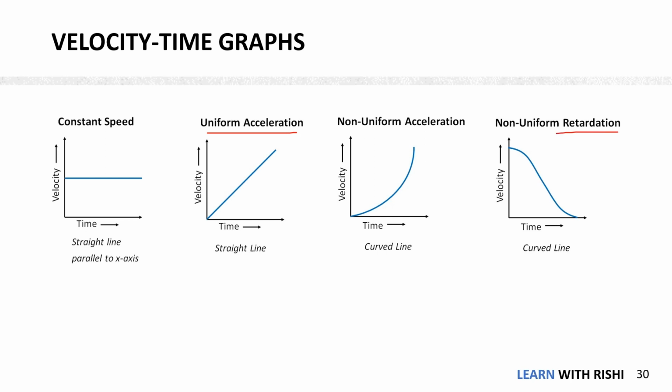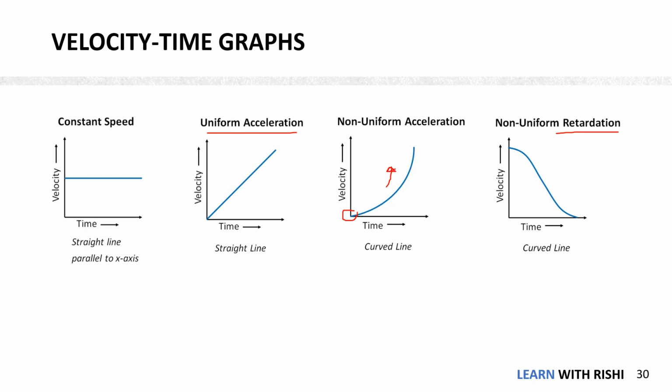Now what is the difference between non-uniform acceleration and retardation? In non-uniform acceleration, when the time was 0, the velocity was also 0 meter per second, and with increasing time the velocity also increased.